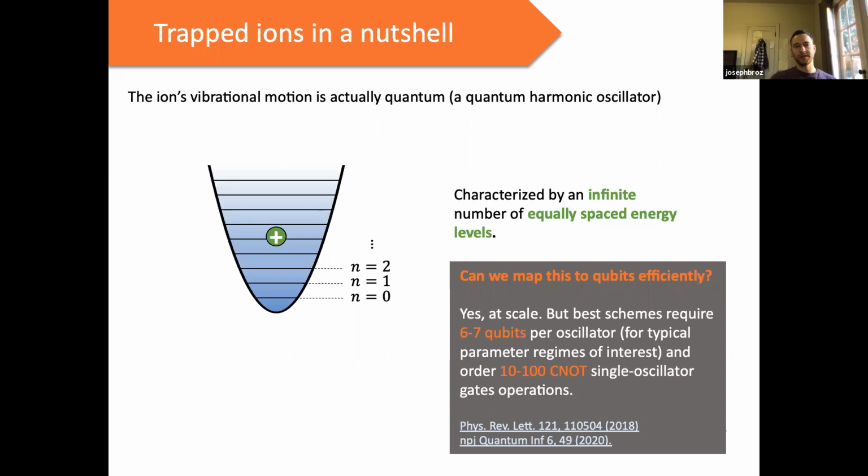So just to simulate a single one of these things on a digital computer right now, using Trotterization or something similar, something better, is already pushing what we might be able to do with the best digital computers we have right now. So again, this inspires us to think that these harmonic oscillators might be a really good tool that we could use right now to do some really cool stuff that might outperform what we can do on a classical computer.